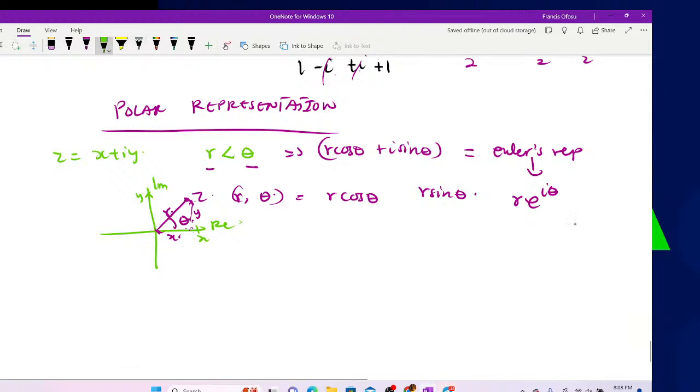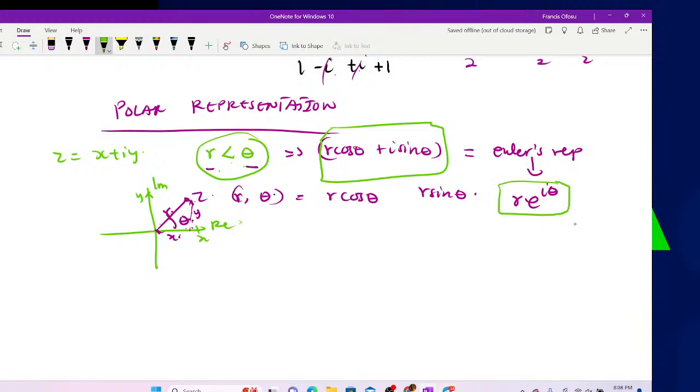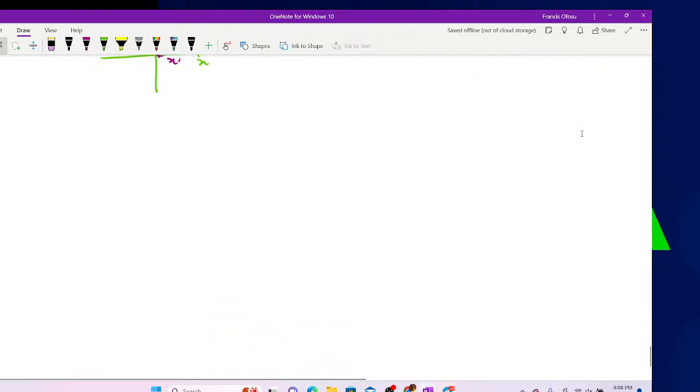So these are the three major forms of the polar representation of complex numbers: either r angle theta, r cos theta plus i sin theta, or r multiplying e to the power i theta.